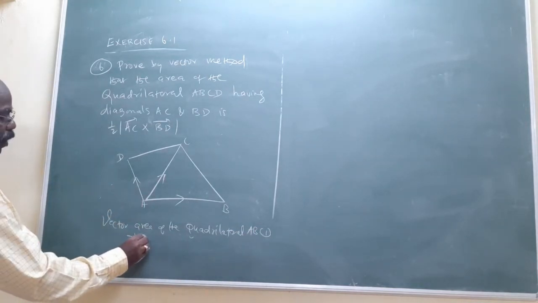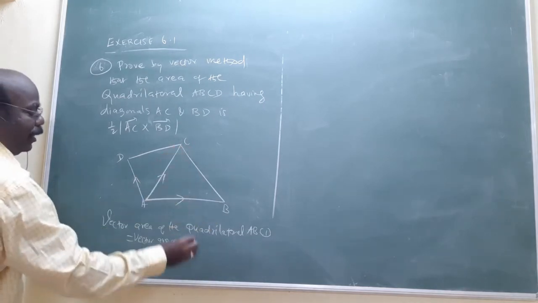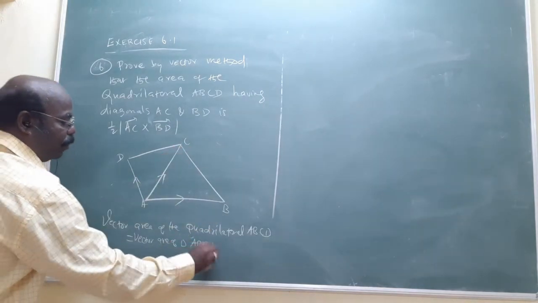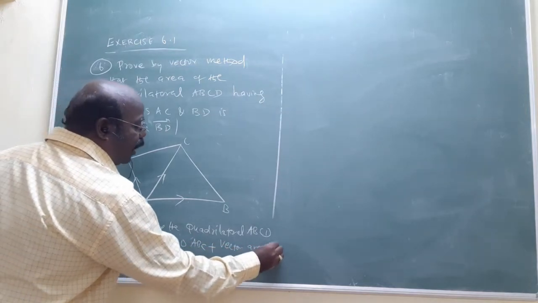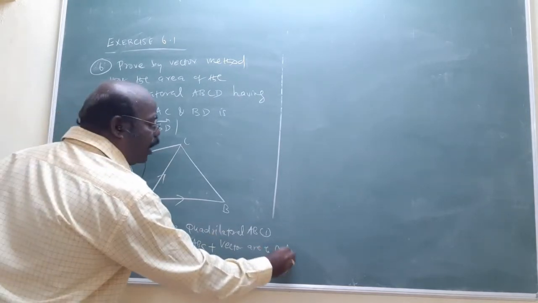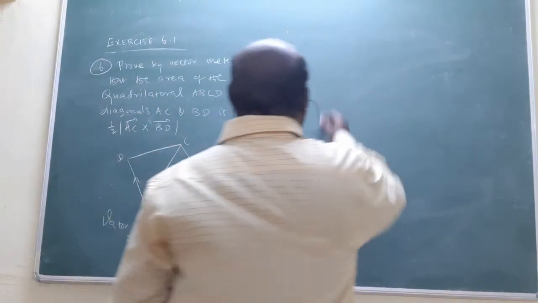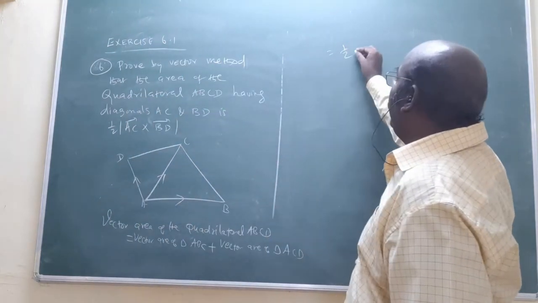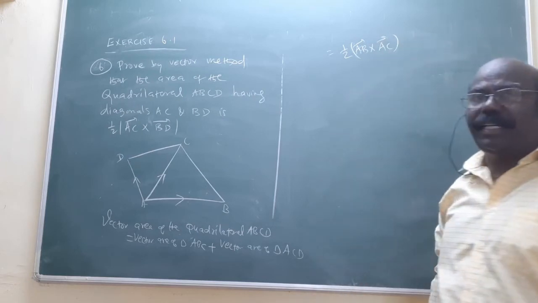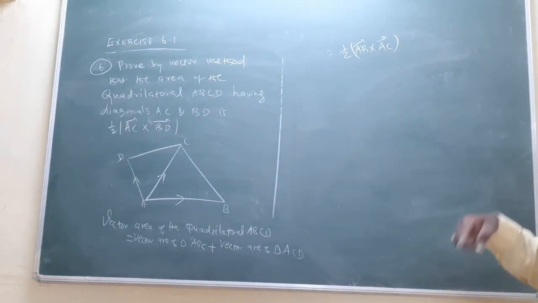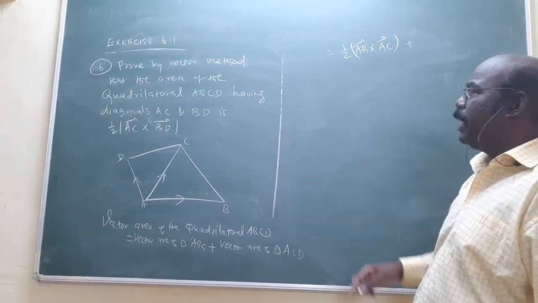We have no direct formula. That's why vector area of triangle ABC plus vector area of triangle ACD. In this way, you want to split. Now, vector area of the triangle ABC means half into AB cross AC. Parallelogram means without half; here it is a triangle, so with half, with cross product of two adjacent sides.